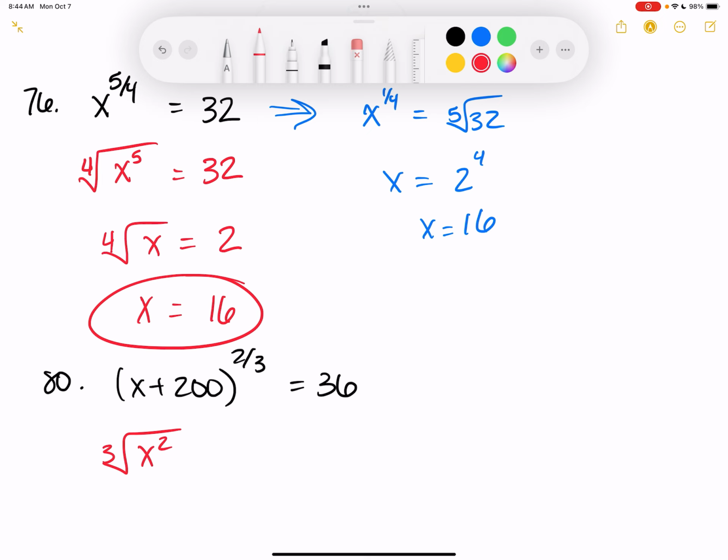Okay. Equals. Now, this is really going to be x plus 200, so I'm going to rewrite this so that we're not confused. Okay. Now what?